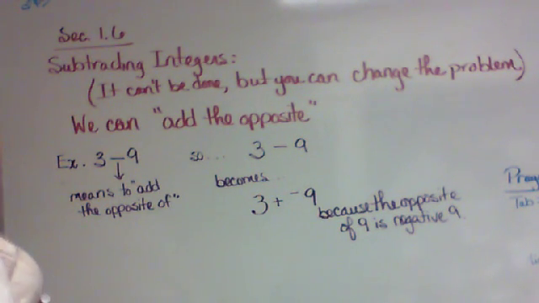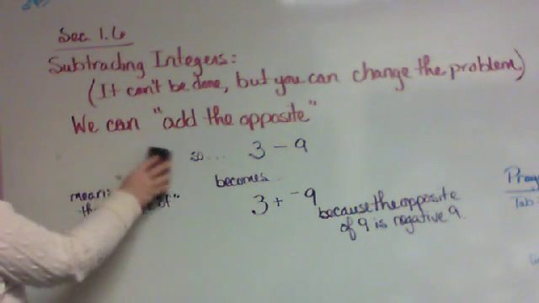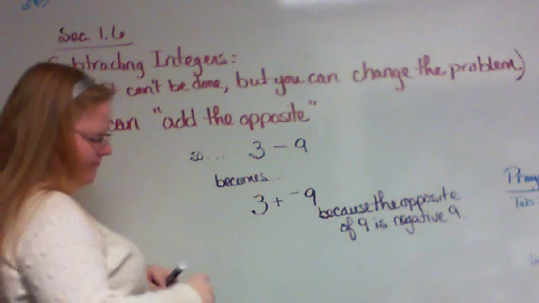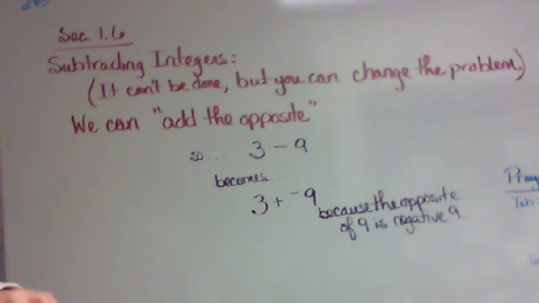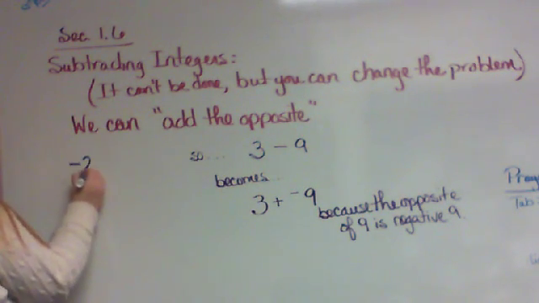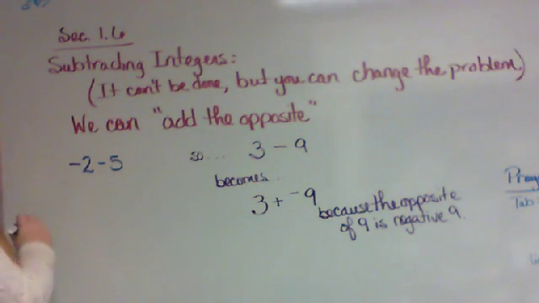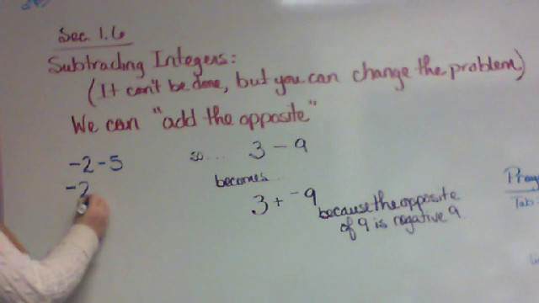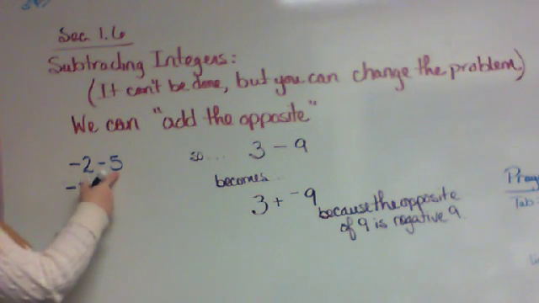Okay, let's look at some examples other than this one. How about negative 2 minus 5? That literally means negative 2 plus the opposite of 5.